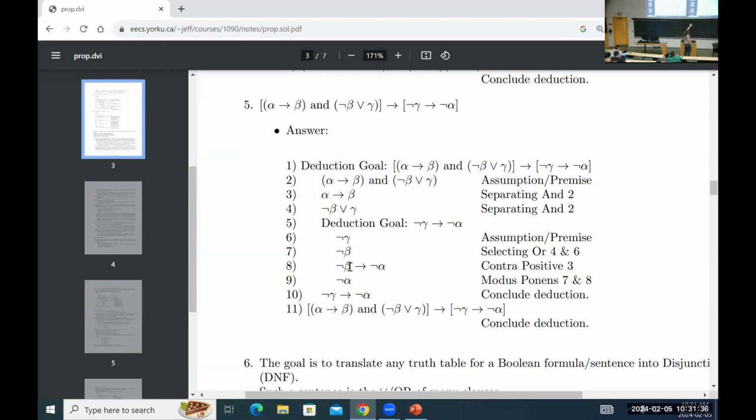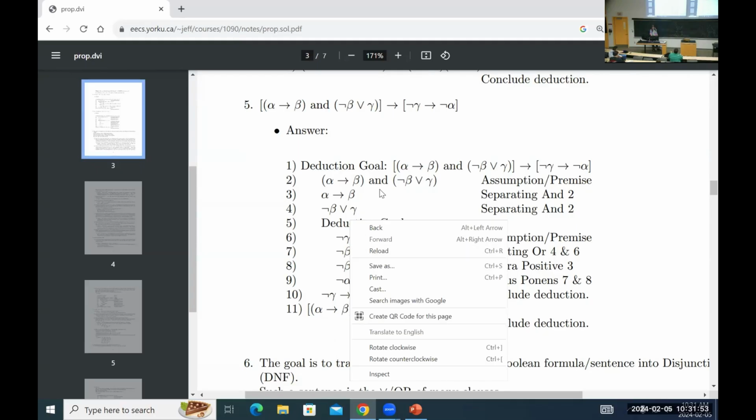We assume the left-hand side. On line 2 we're assuming the left-hand side, and on line 10 we prove the right-hand side. Now we can go forwards or backwards. Forwards, we split the and.